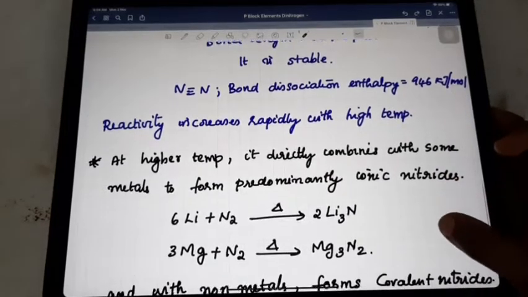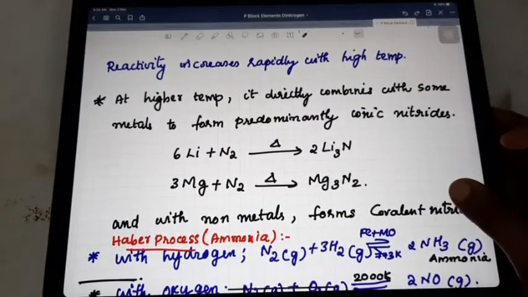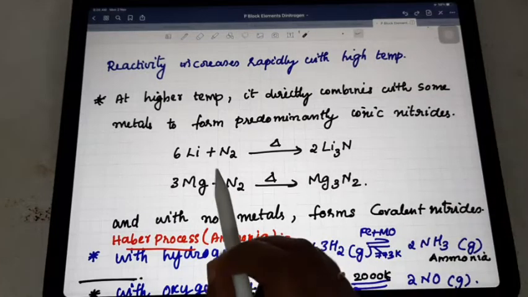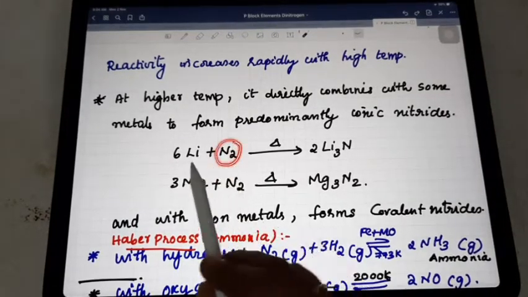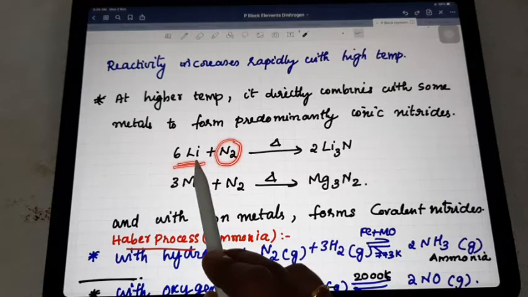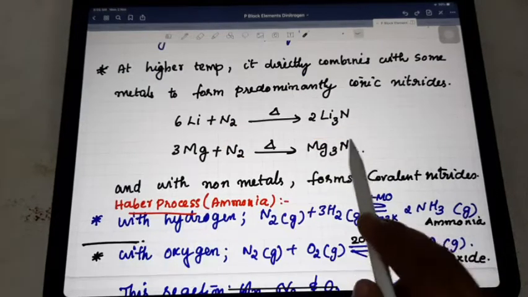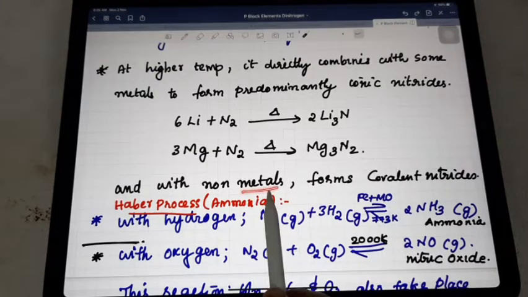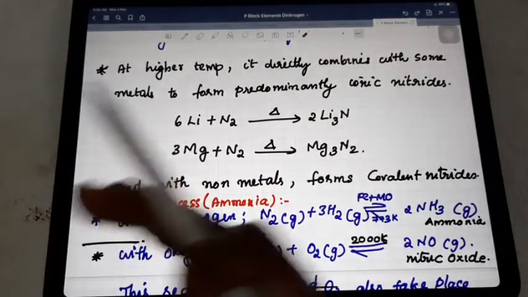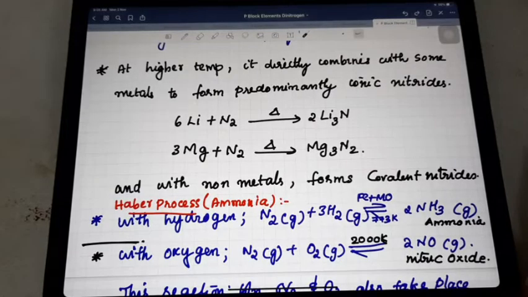Then at high temperature, what reactions can we write? At high temperature, nitrogen reacts with metals to form ionic nitrides. In the periodic table, we discussed the metal section and the non-metal section.